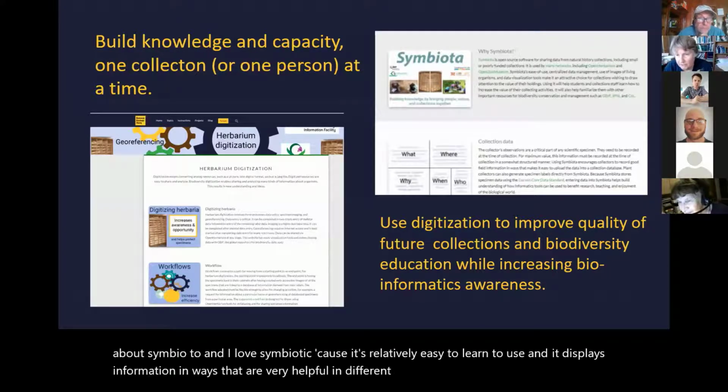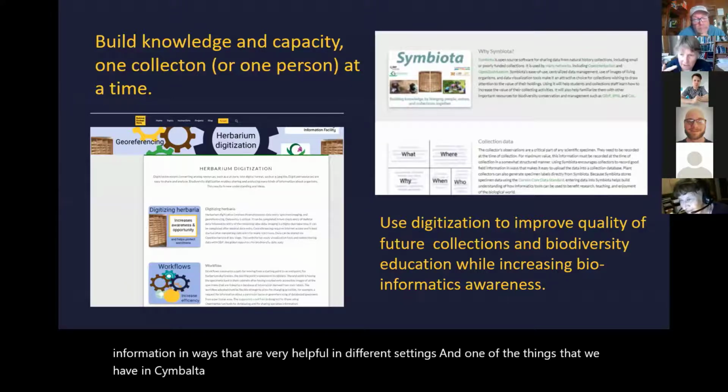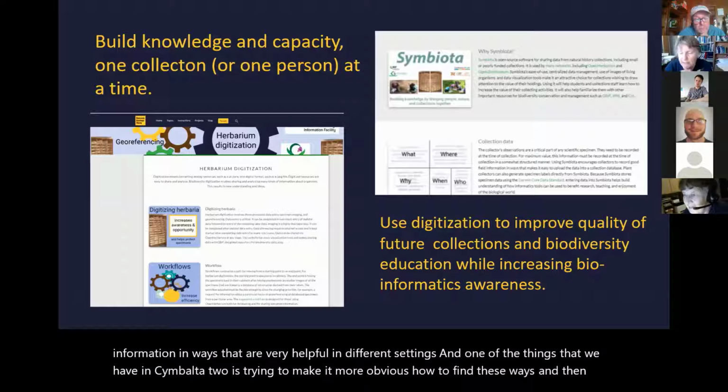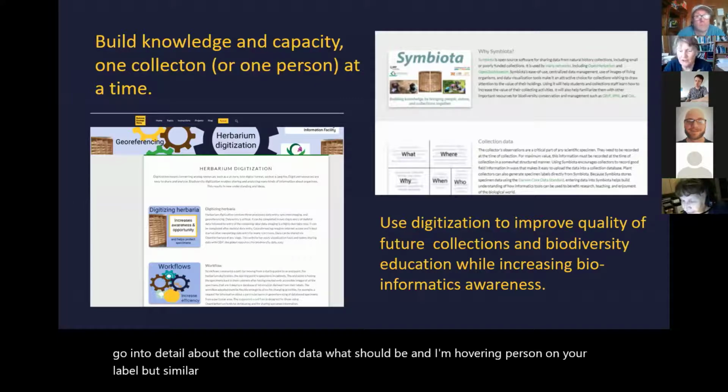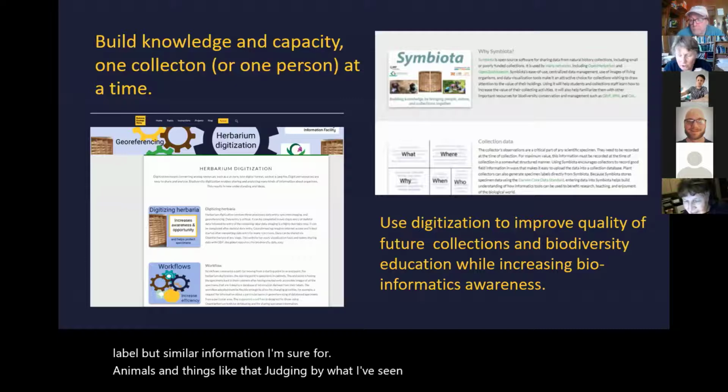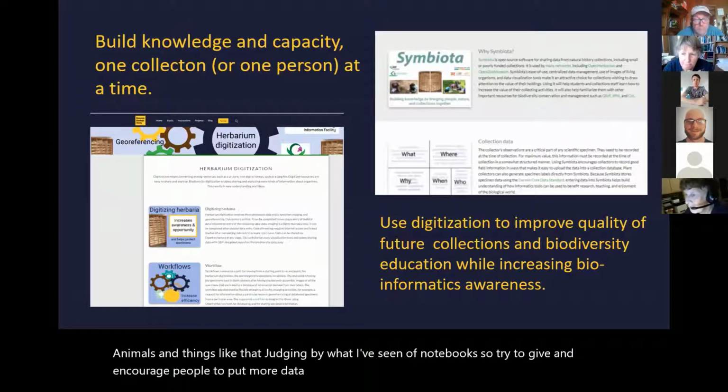And one of the things that we have in Symbiota 2 is trying to make it more obvious how to find these ways. And then we'll go into detail about the collection data, what should be on your label, and I'm a herbarium person, but similar information, I'm sure, for animals and things like that, judging by what I've seen of notebooks. So trying to encourage people to put more data in than you find in many labels, including some of my own.